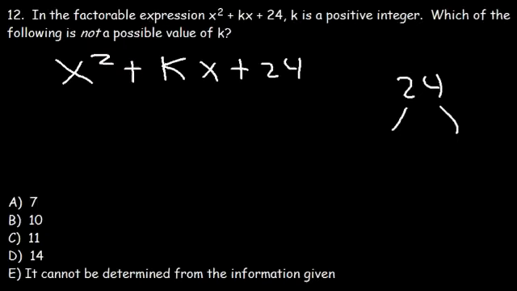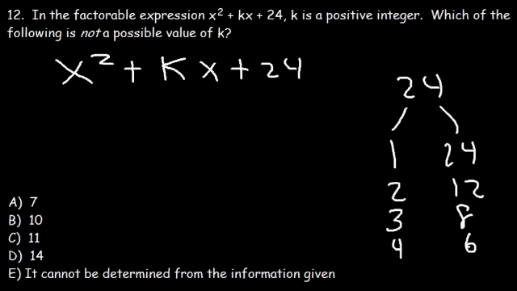So first, let's make a list of all the possibilities. All of the two numbers that multiply to 24. So this would be 1 and 24, 2 and 12, 3 and 8, 4 and 6.